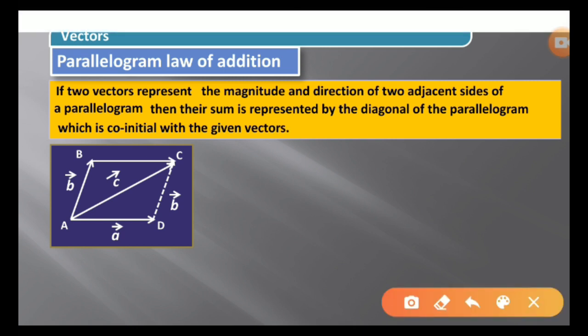See here, students, the vectors are a vector and another vector b, but the sum will be represented by the diagonal of the parallelogram, which is co-initial with these two vectors a and b. So this is the parallelogram law of addition.